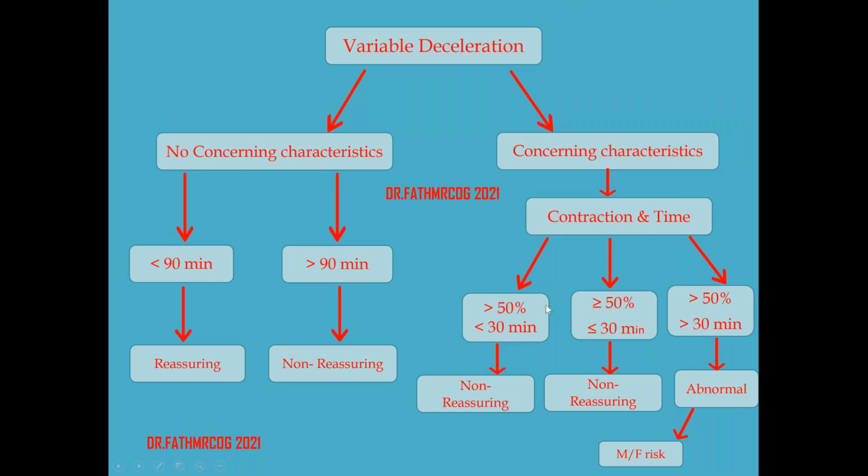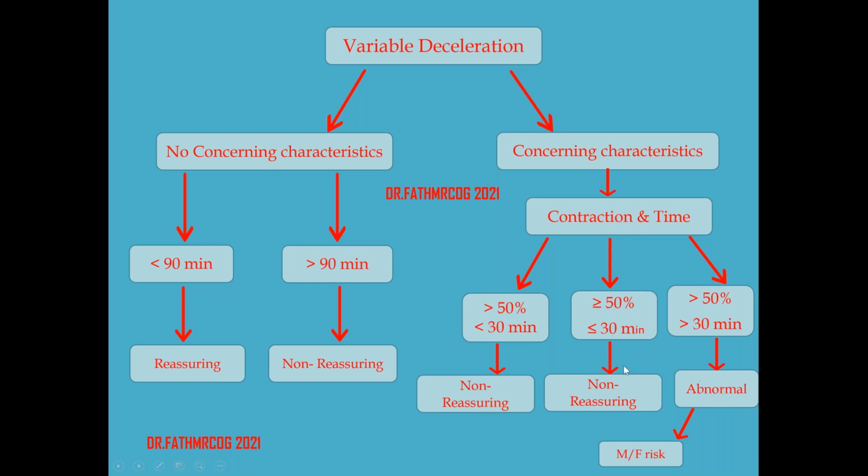If more than 50 of contraction and the duration less than 30 minutes, this is not reassuring. And if the contraction is up to 50 or more and the duration equal or more than 30 minutes, this is not reassuring. And if more than 50 and more than 30 minutes, this is abnormal.